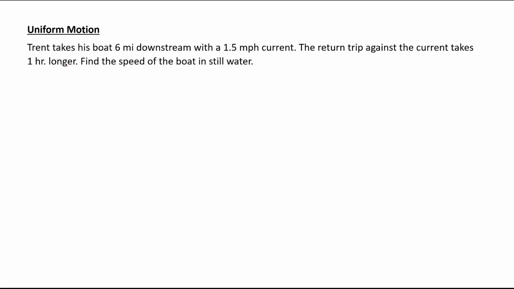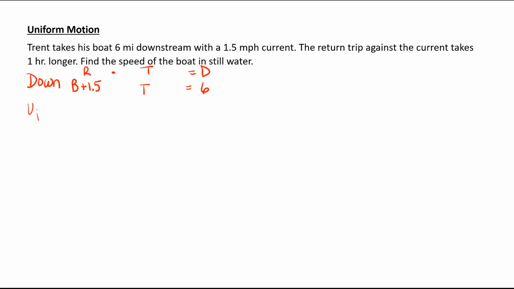So he goes 6 miles downstream. We'll write that over here. Downstream, rate times time equals distance. When he's going downstream, his rate is the boat plus the current, which is 1.5 miles an hour. Then we'll say his time is t and his distance is 6.